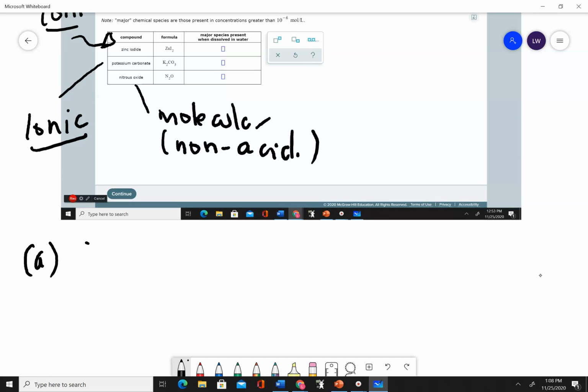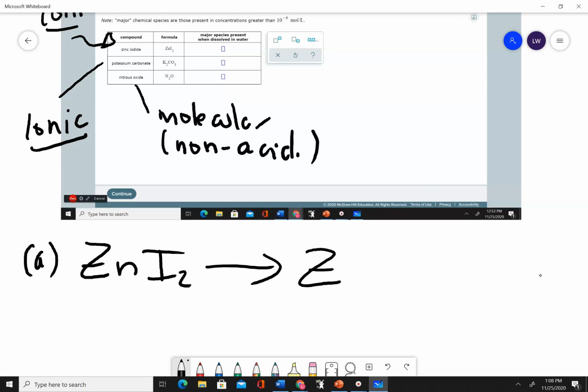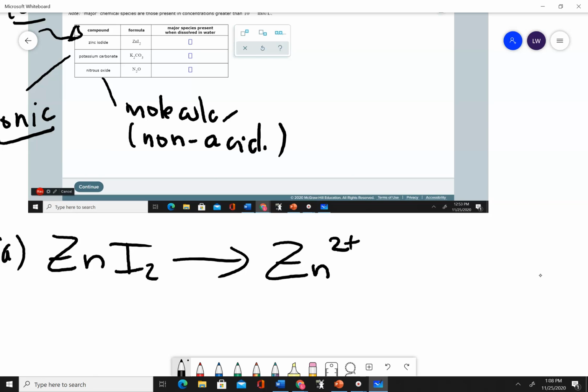So what happens when zinc iodide is dissolved in water? Well, zinc always forms a 2+ ion. It's one of our special cases. Remember we said that Group 1A always forms a 1+, Group 2A always forms a 2+, and then we have some special cases.